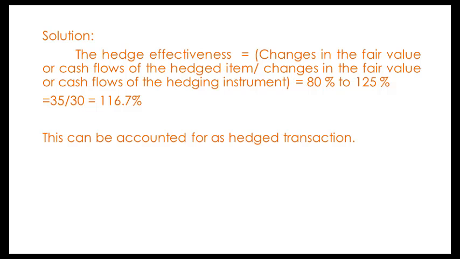So in this case, we have change in the fair value or cash flow of the hedge item, or the loan and interest, 35,000. While the change of the futures contract is 30,000 kina. So we have here 116.7%. So this can be accounted for as a hedge transaction. So this is how you will test the hedge effectiveness.